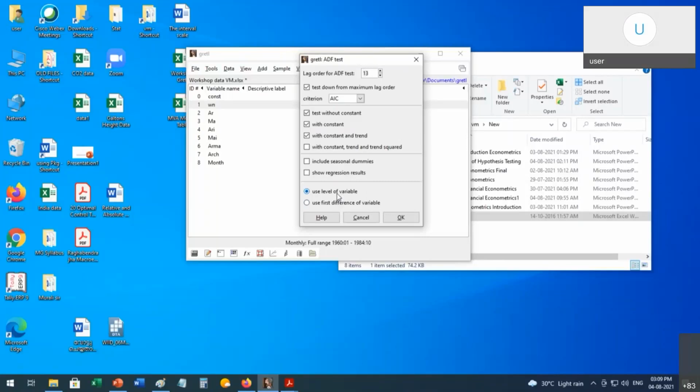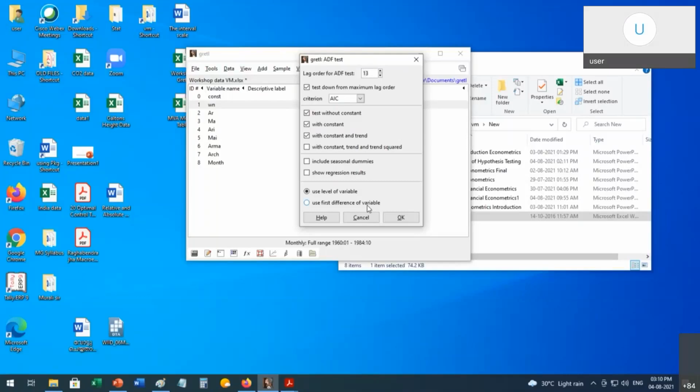And if we find that there is a unit root in the level variable, then secondly we have to do this one, first difference of the variable. And if we find no unit root in the second case, first difference of the variable, then we can stop and we can say that there is one unit root. So it is non-stationary, it is an integrated variable of order 1, integrated process of order 1.